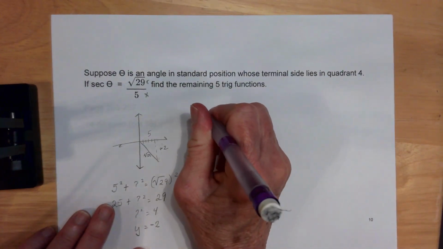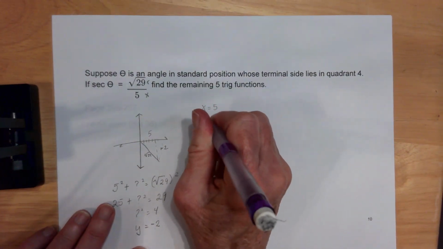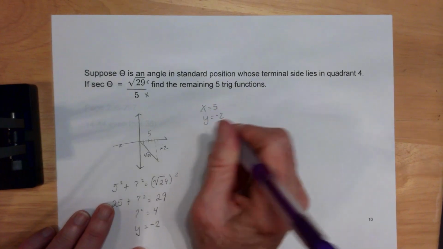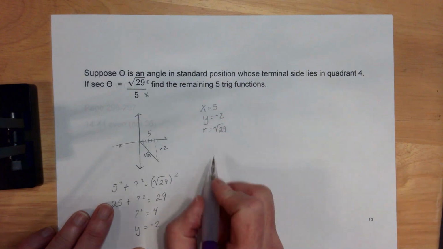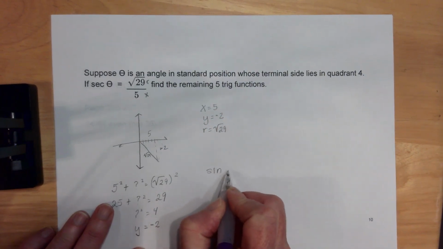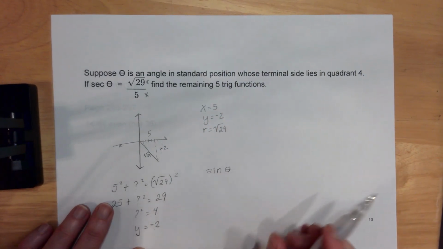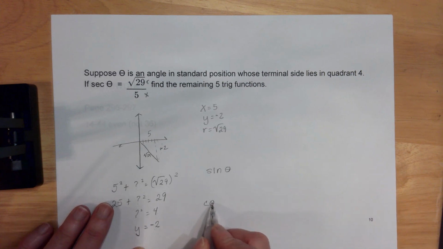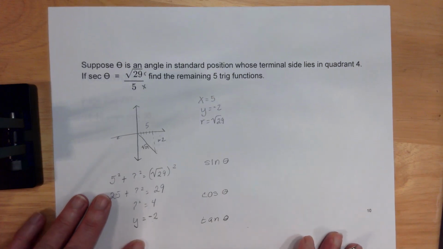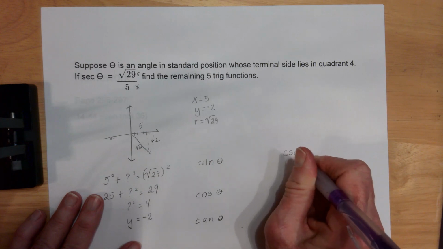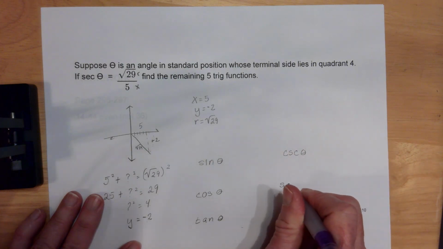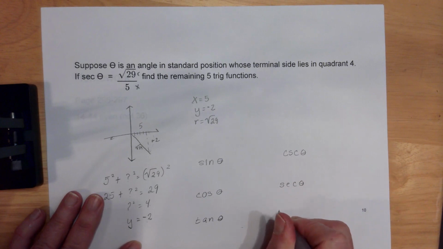So I've got x is equal to 5, y is equal to negative 2, and r is equal to the square root of 29. So sine, cosine. I'm going to leave a little bit more room because we have a square root in here, tangent. And I have cosecant, secant, and cotangent.